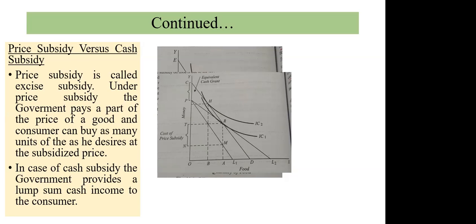But in the case of a lump sum cash grant, there is no such force on him, so he will be able to use that money on various commodities. As a result, there is more satisfaction to him than that given by the subsidized price of the food.